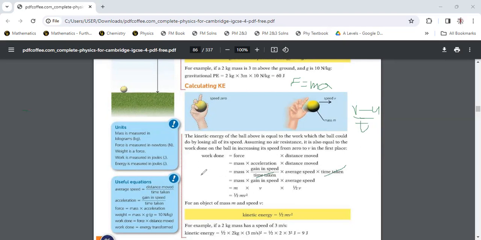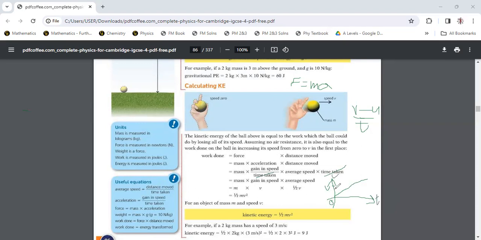So we want to know what is kinetic energy. It will be equal to the mass times the gain in speed times the average speed. Our average speed is considered half v, let's say, when our gain in speed looks like this. We have 0, we have v right here. This is our velocity, and this is our time.